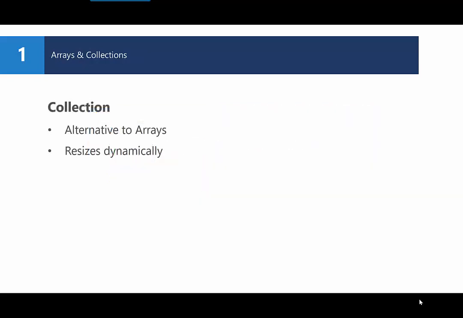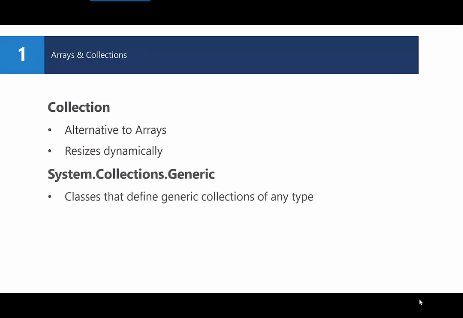The Collections namespace contains classes that are more advanced. They are an alternative to the array class. An important difference is that a collections class can dynamically resize when new items are added. The System.Collections.Generic namespace has classes that define generic collections of any type. Let's take a look at 2 classes from this namespace.